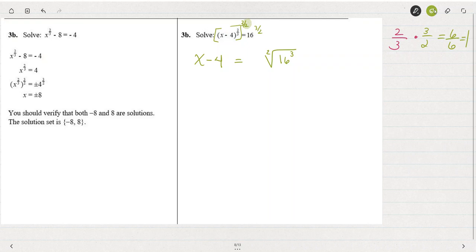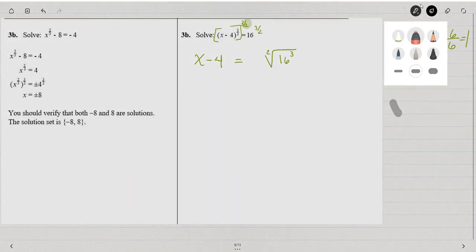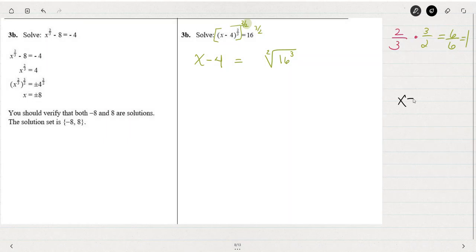Let me show you this just to make sure you're recognizing this. You could see this x minus 4 to the 2/3 as x minus 4 squared cube rooted.